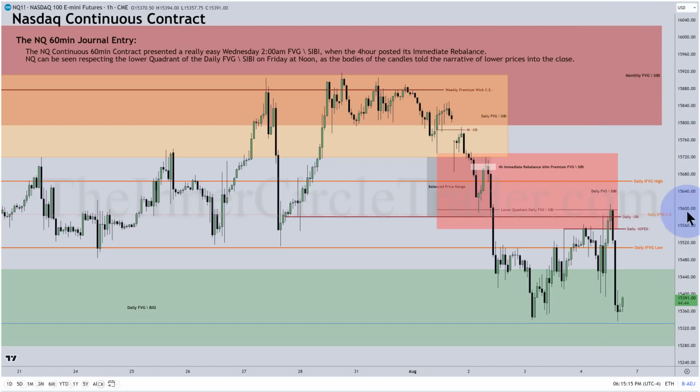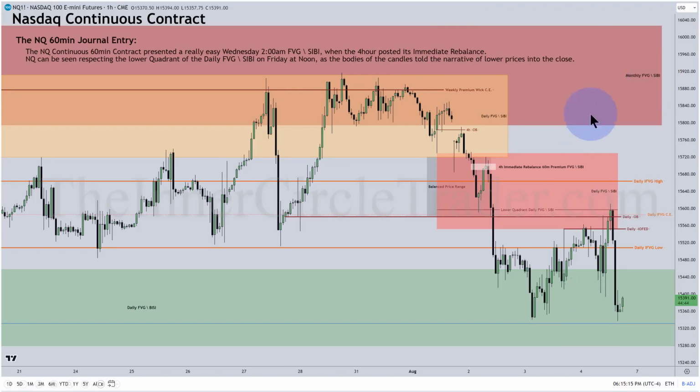If we were to scrub down and squeeze or condense this chart vertically, it would be up here higher, and the low of the breaker would be lower than this. So for the purpose of showing the 1 hour chart time frame, the respective PD arrays and what was salient for this time frame, I've zoomed in just to show you this, but you can see this is that daily fair value gap buy side imbalance, sell side inefficiency, and the monthly fair value gap SIBI.